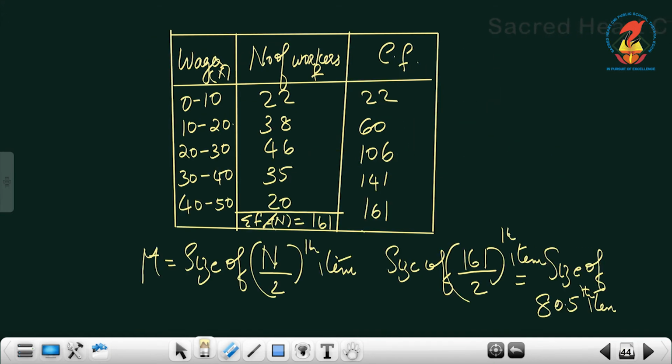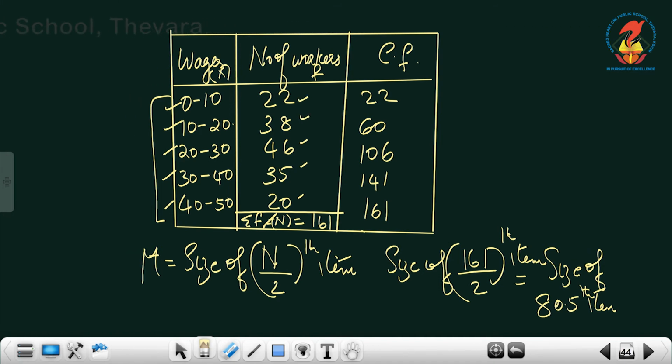Now, I have written it in the form of a table. The first point in the procedure is to check whether your data is given either in ascending or descending order. Here the data is given in ascending order. 0 to 10, 10 to 20, 20 to 30, 30 to 40, 40 to 50. Corresponding frequencies are also given here.